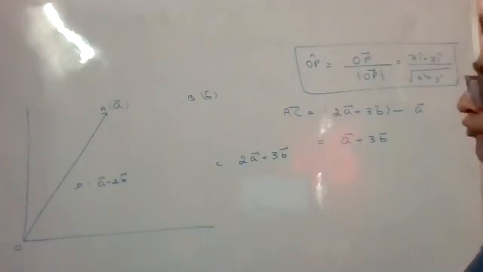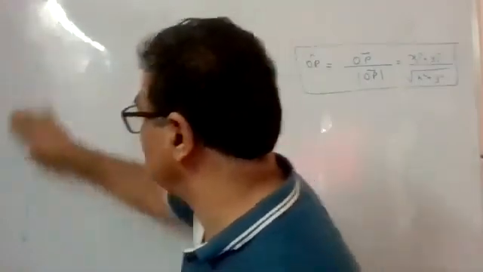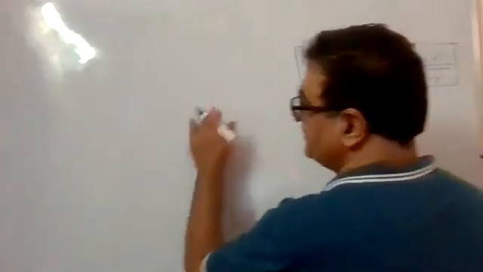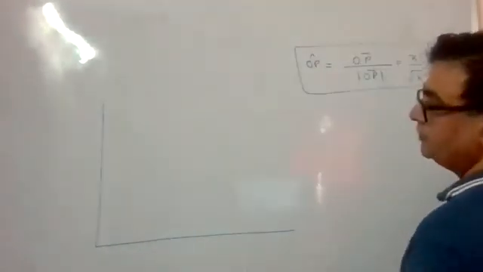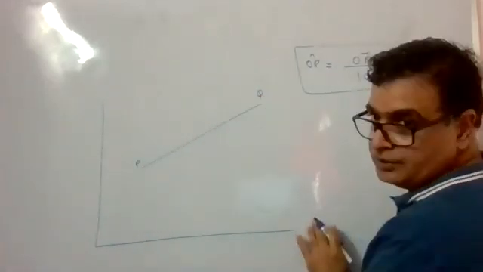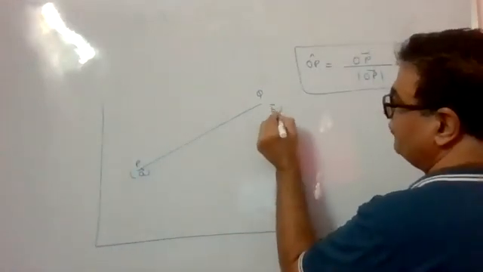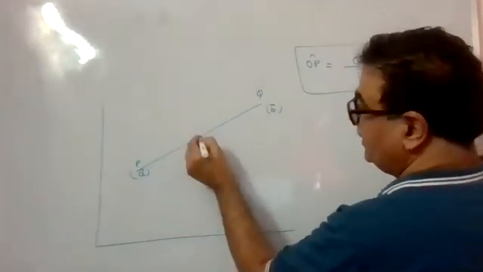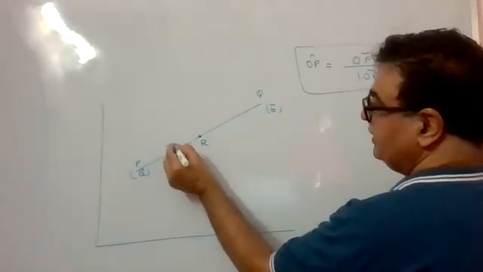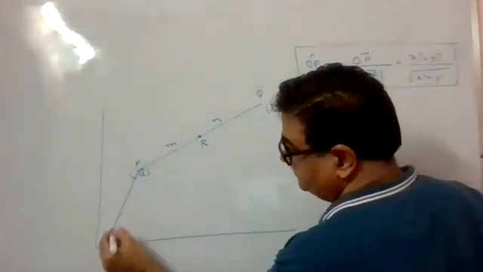Next one is section formula. Section formula which you have already done. Same pattern is there, only that will be present in form of vectors. For example, if we have this is point P, this is point Q. Let the position vector of this is given by A vector, this is having position vector B. And I want a position vector of some point R, which divides this in ratio m:n. This is your A vector.